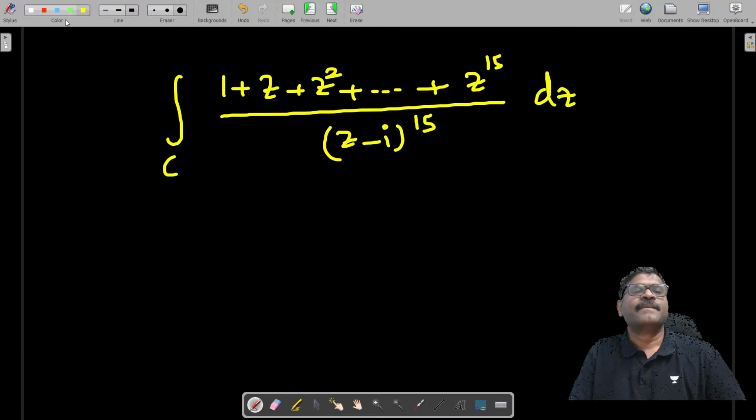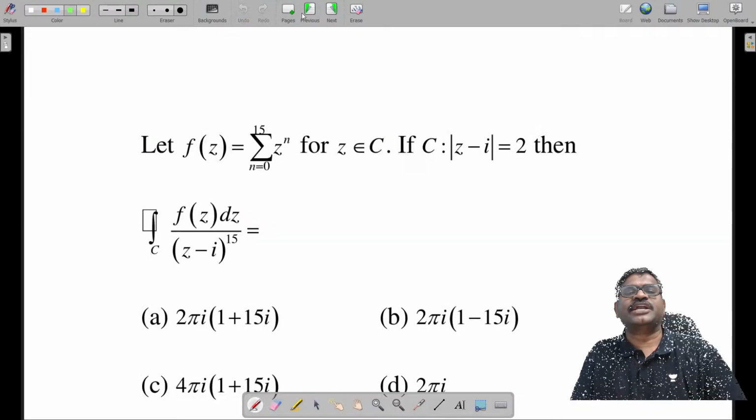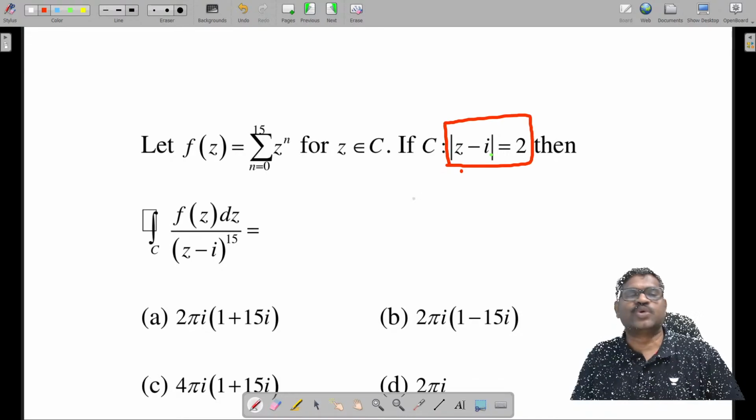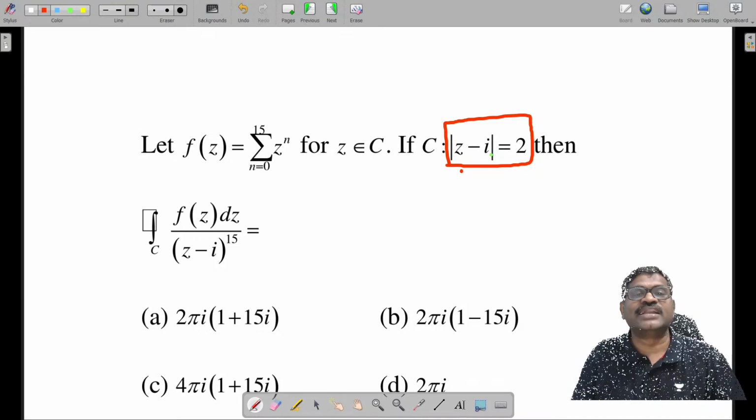Okay? Here z equal to i lies inside because our circle is with center i and radius 2.